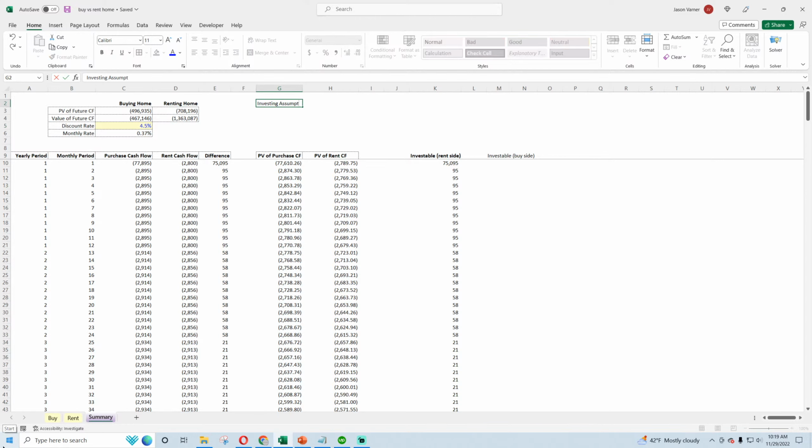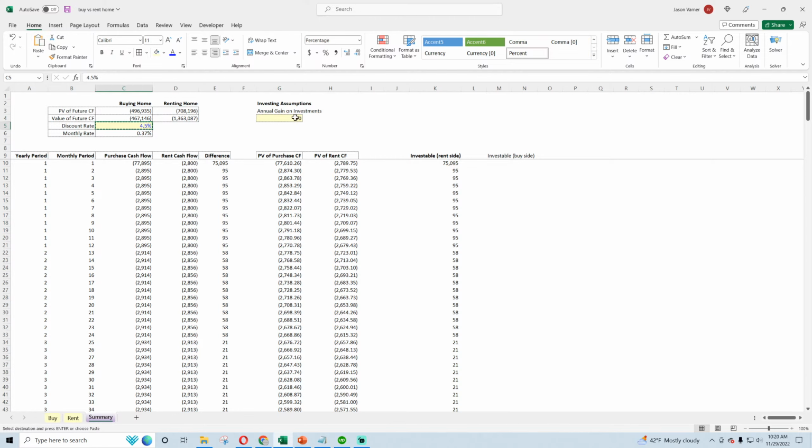Investing assumptions. Now we're just going to assume some annual gain on investment. So that's assuming you have any extra cash flow from each scenario, you can invest it and get some return. Now if you just buy the S&P, I think it's like a 10% average rate of return over the long term, but most people try to mess around and end up doing the worst.